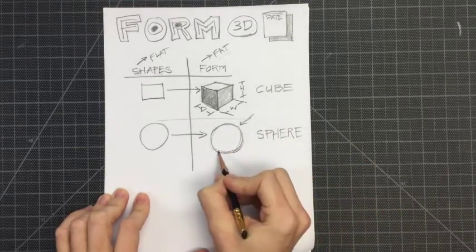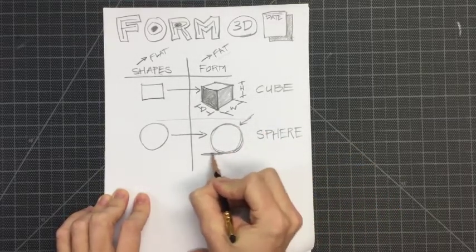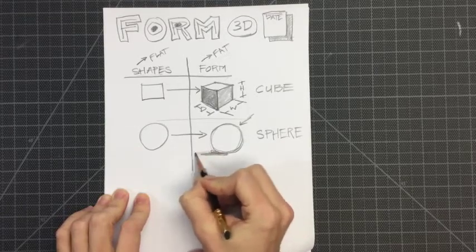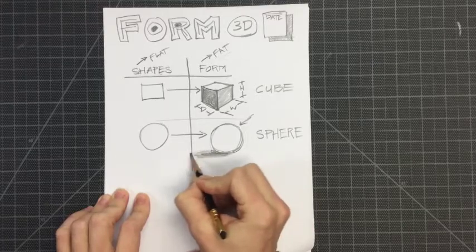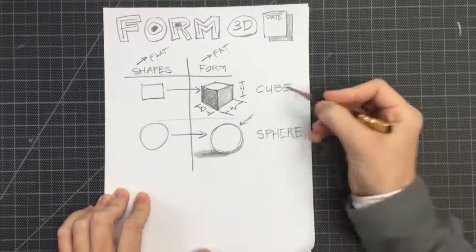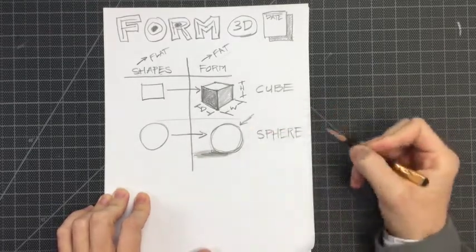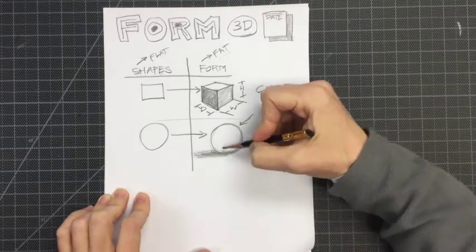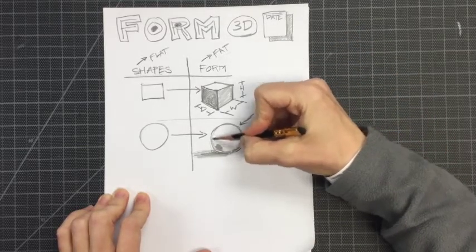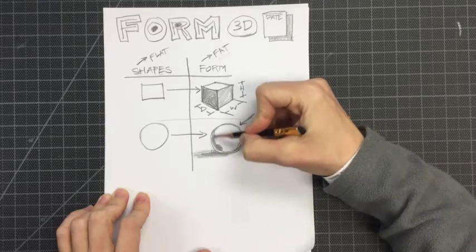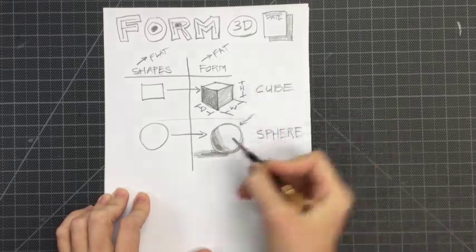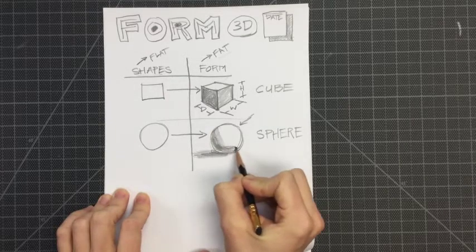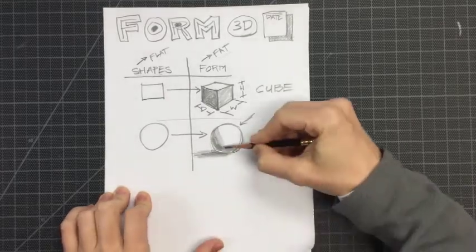And on the opposite side, we'll draw a shadow on the ground. Just some value, some shading. And to make our sphere more three-dimensional, we can shade this dark side of our sphere, just with a regular pencil.